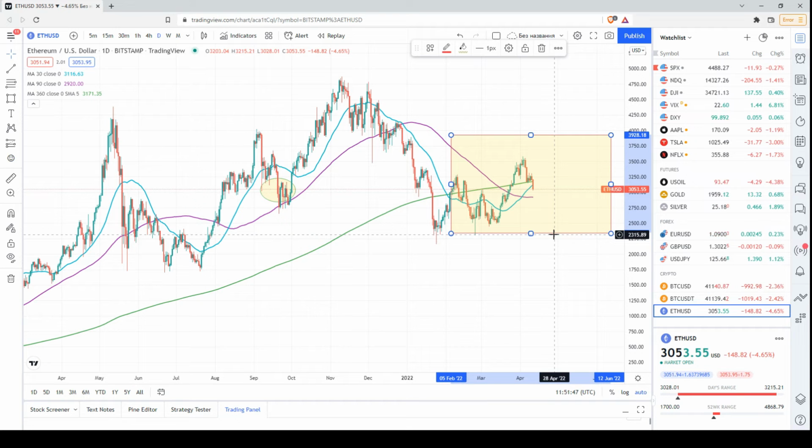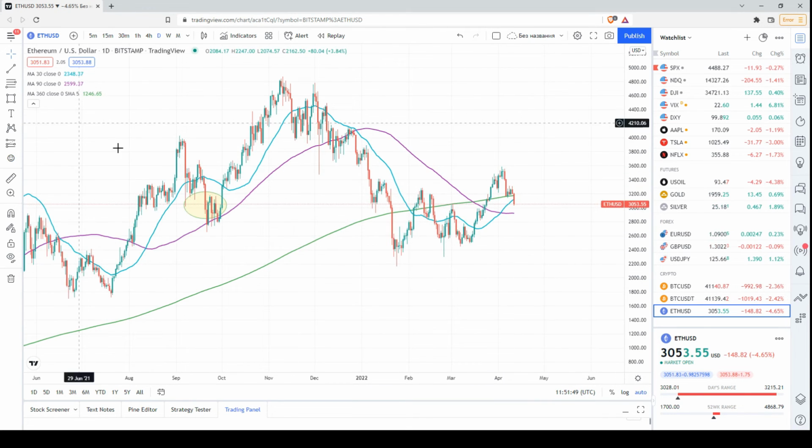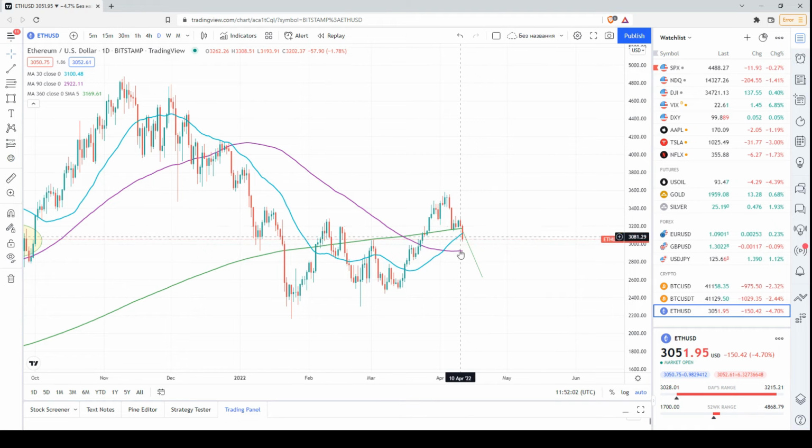Let's wait and see what happens in the near future. Of course, if the price drops below these moving averages, then it may invalidate this scenario or will make it less likely. So I will keep an eye on the price chart, and of course, I will keep an eye on these moving averages. So this is what I wanted to say today in the daily chart.